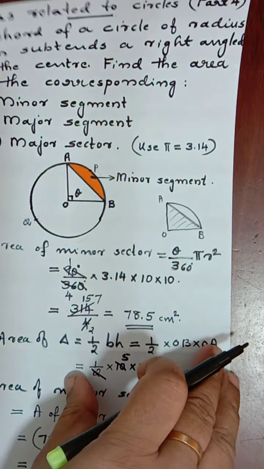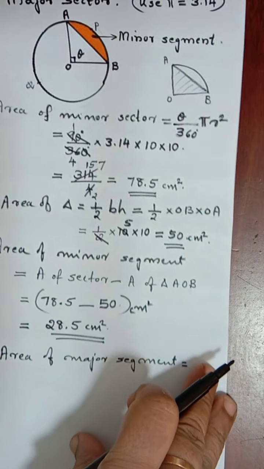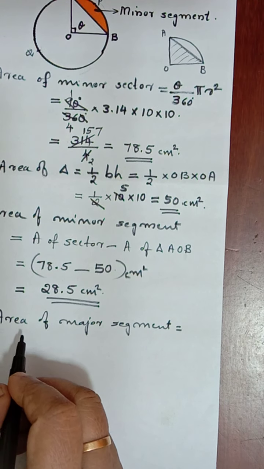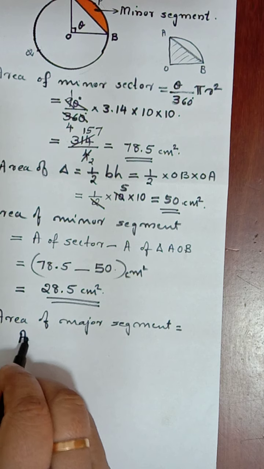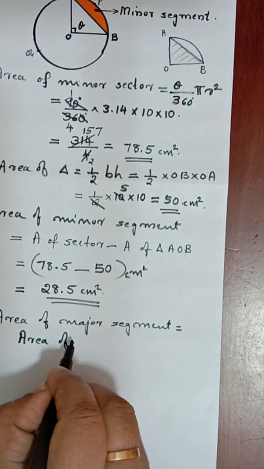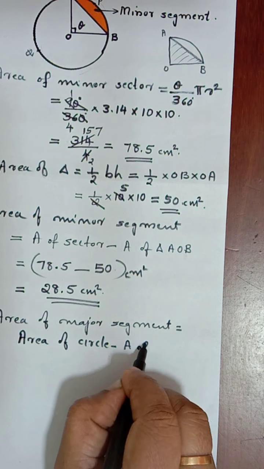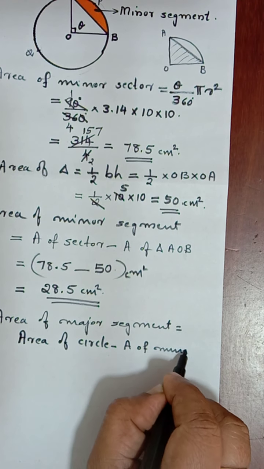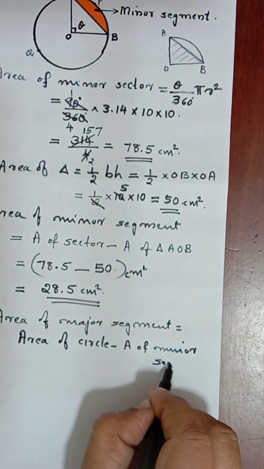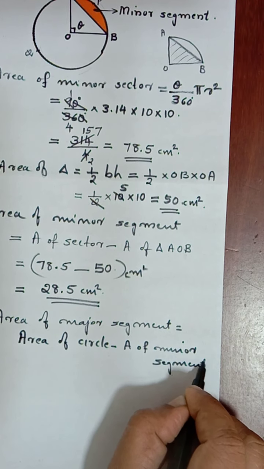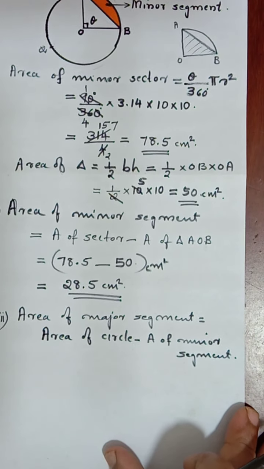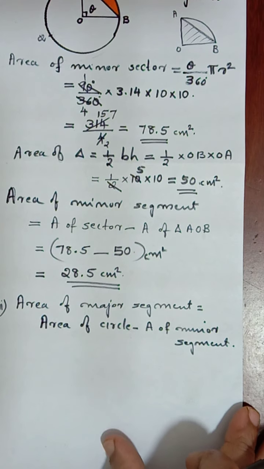So we have to write area of major segment is equal to area of circle minus area of minor segment. The area of the circle formula everybody knows, it's very simple. How to get the area of the circle?